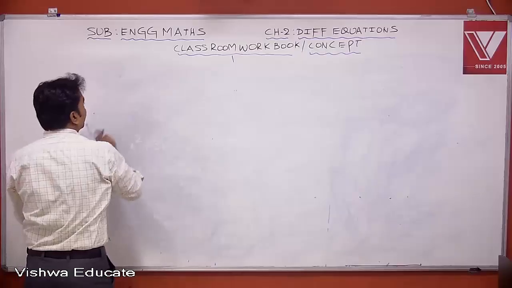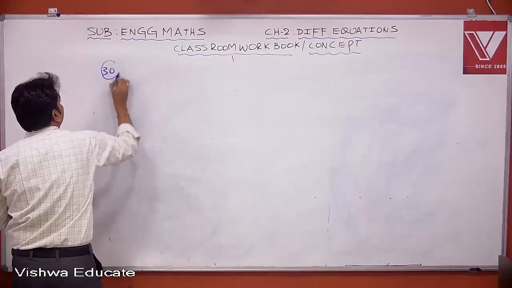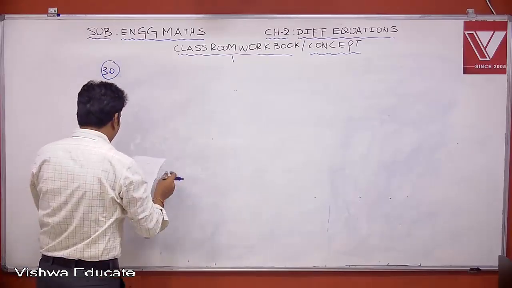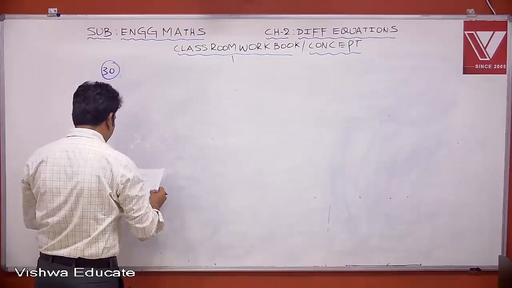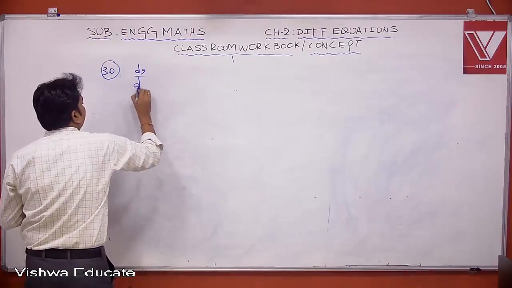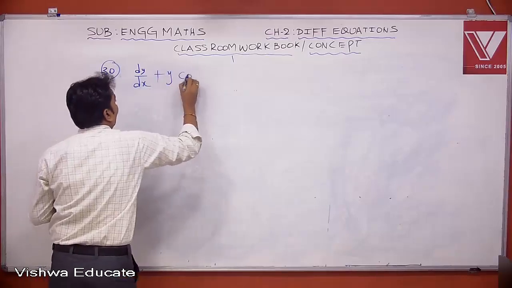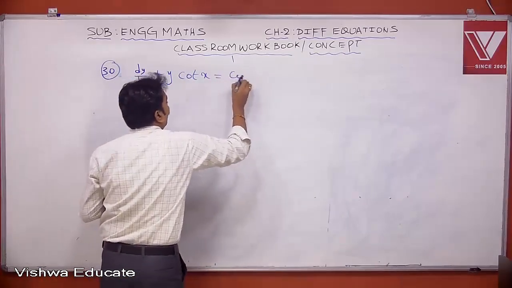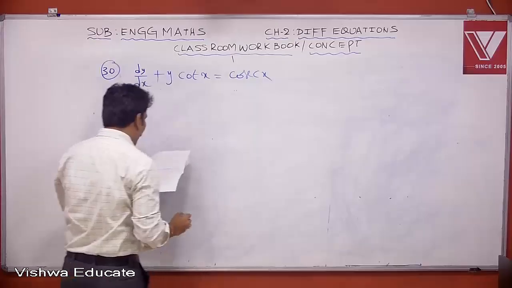Question number 30. What is it? The solution of dy by dx plus y cot x equal to cosecant x, options are given.